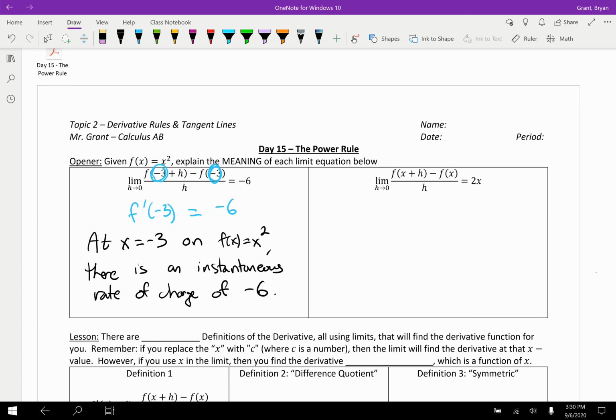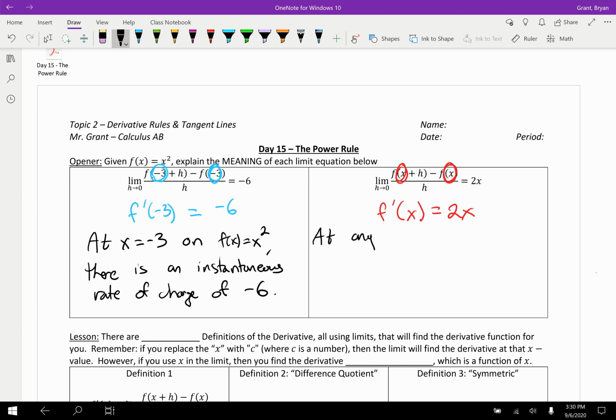Well, our second equation, instead of using an x of -3, just uses a variable x, where this is standing in for anything. And so, using our same syntax as before, we'd say that f prime of x this time is equal to 2x. So, how do we use this?